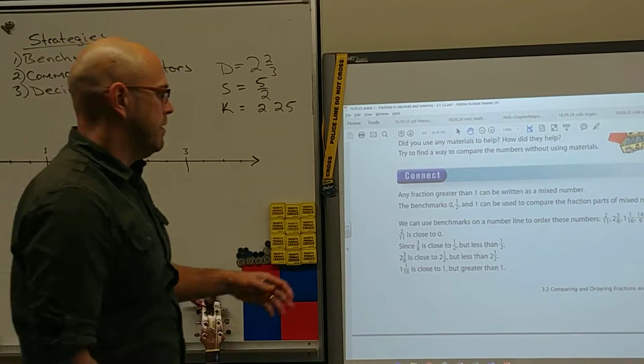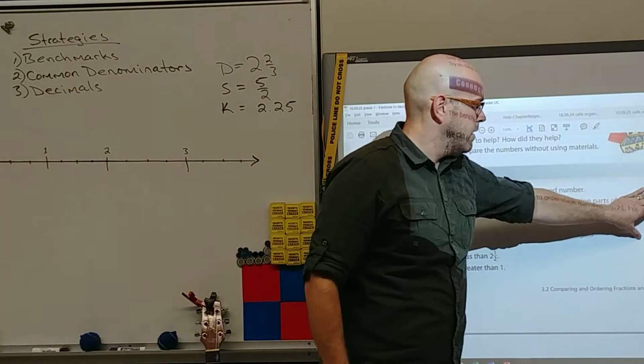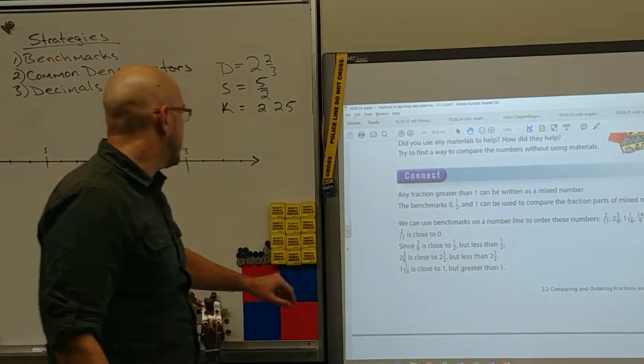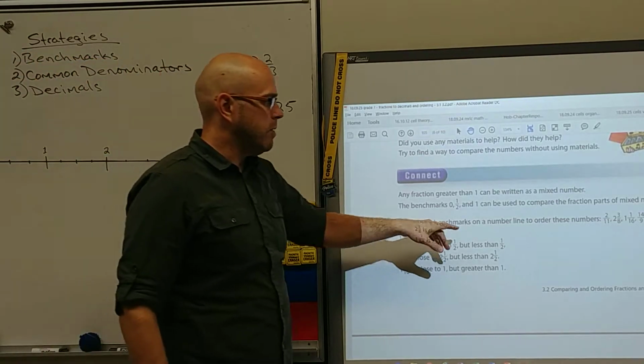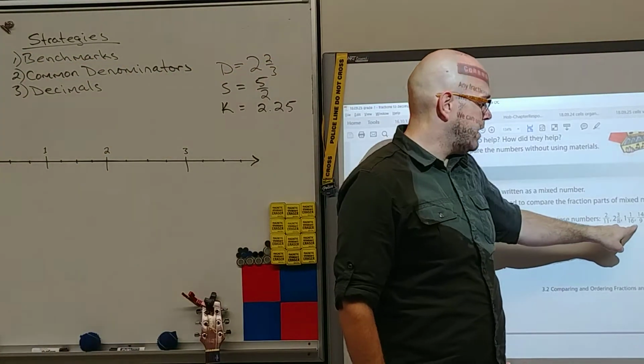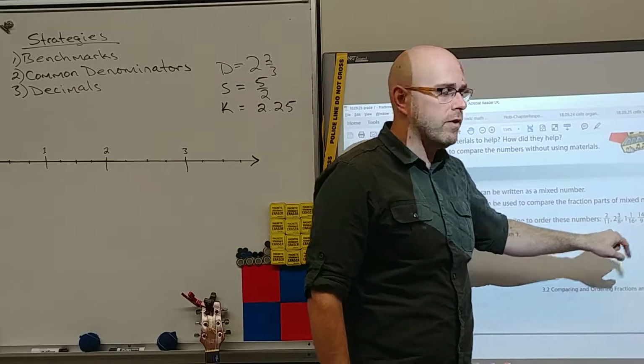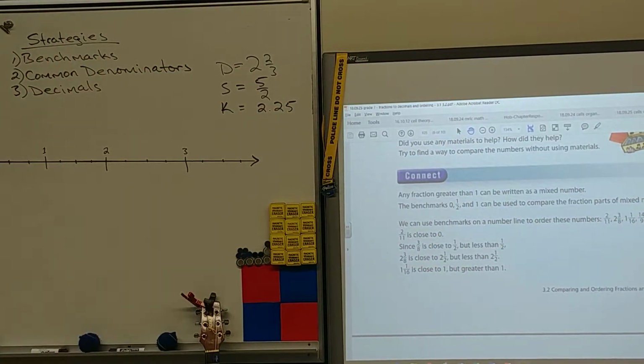Here we have benchmarks. Benchmarks are, like I said, halves, quarters, easy to find, and you use them to find where to put these numbers. Now, these are hard to see, but I trust that you already have a copy with you. I'm just going to make sure that our number line is in the shot. Perfect.